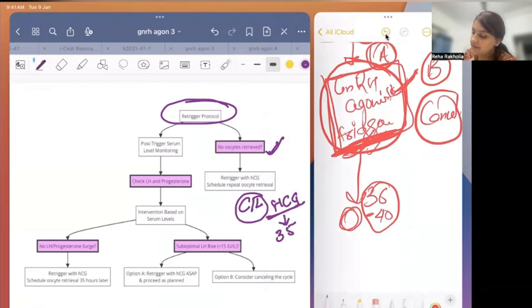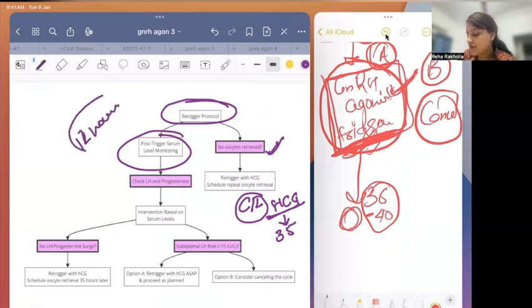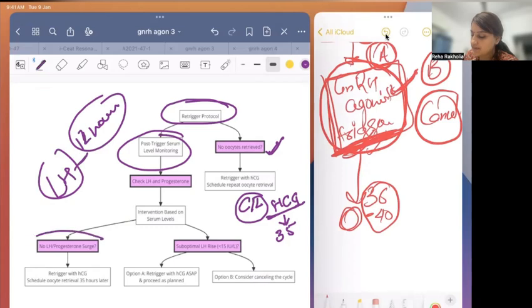Then in the post-trigger serum level, we'll check the LH value after 12 hours. If the LH surge is not present, we'll retrigger with HCG and schedule the oocyte retrieval according to the HCG trigger.